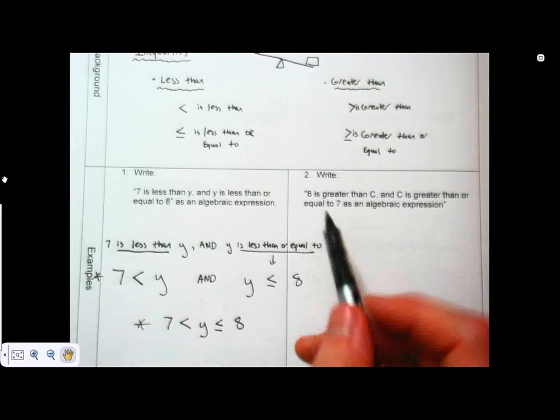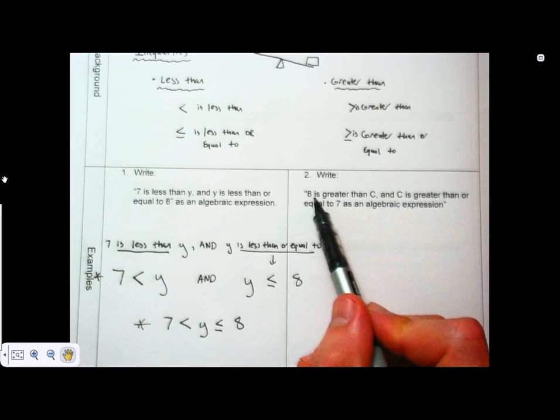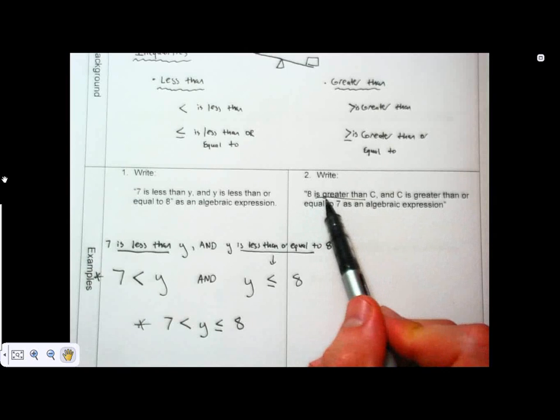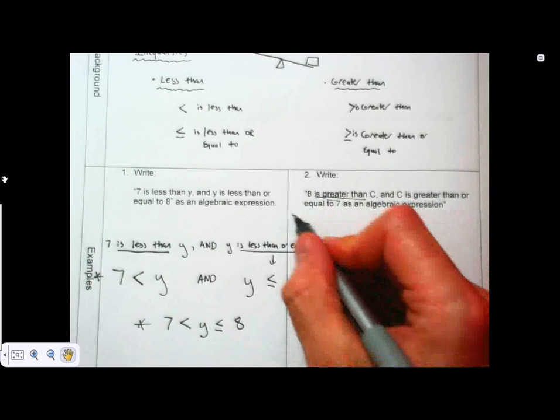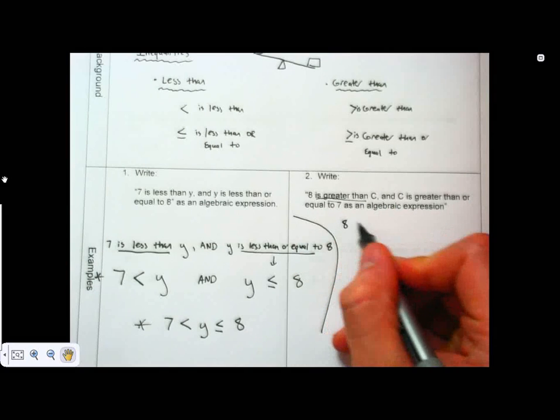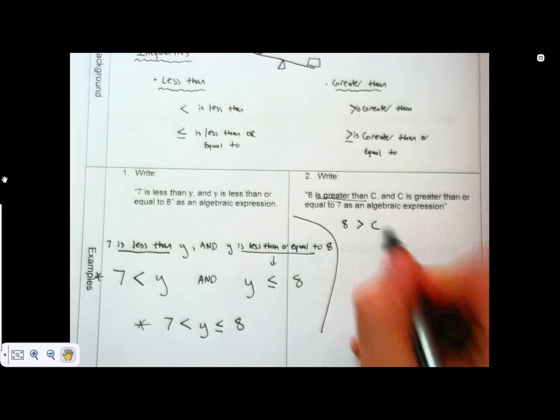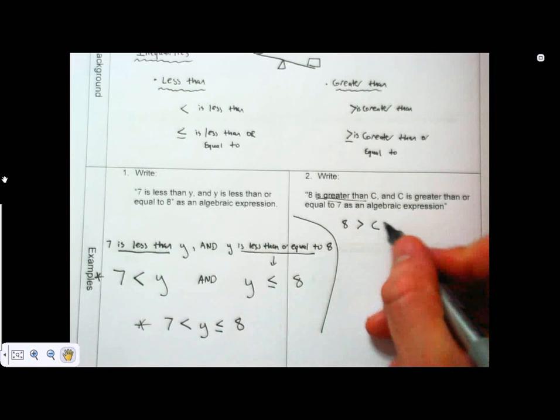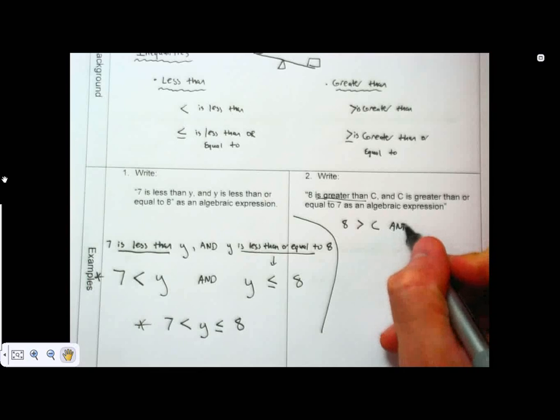Okay, I want you to try number 2. Pause the video, and then restart it after you've given it a try. Okay, so for number 2, in the first part of the sentence, it says 8 is greater than C. Well, "is greater than" should have meant that you had 8 and then this symbol and then C. The second part, well, we have the word "and" in the middle, which is very important.